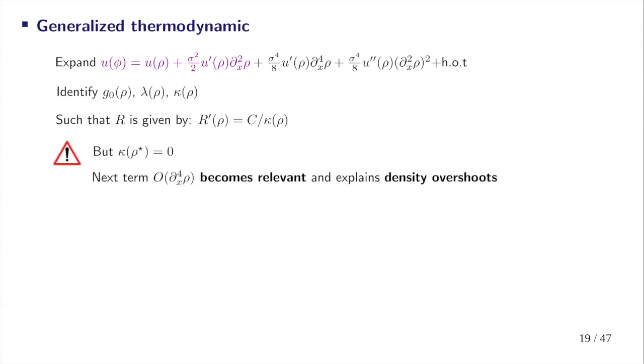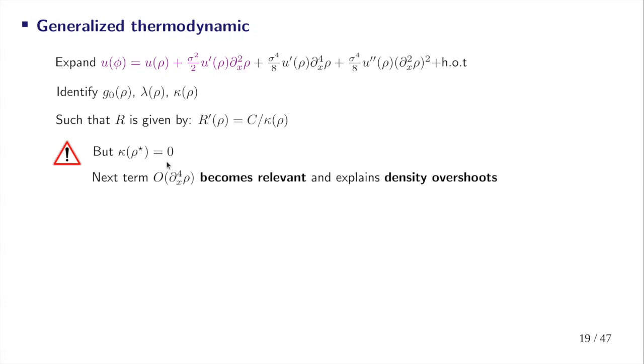And here comes a very niche comment, but it's interesting still. Here comes the understanding of why you have density overshoots. It's because in the field theory associated to the expansion, the term that would be classified as the surface tension, like you would have in equilibrium, becomes zero and even negative.